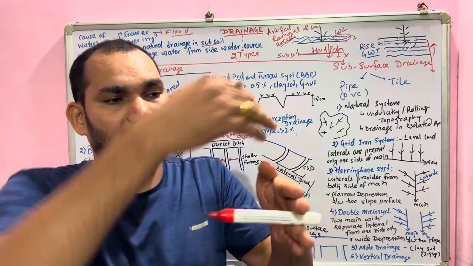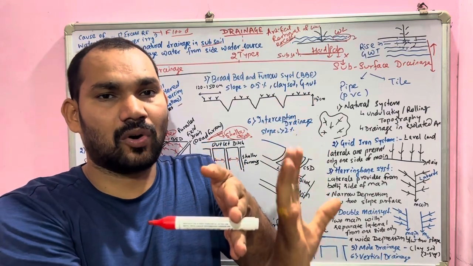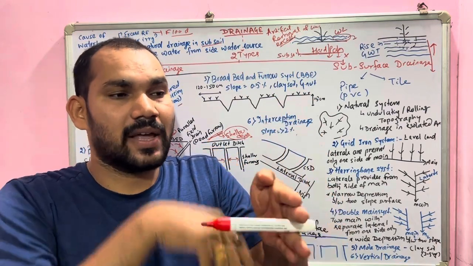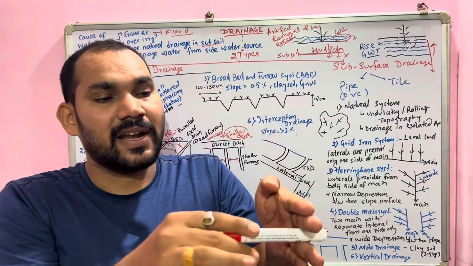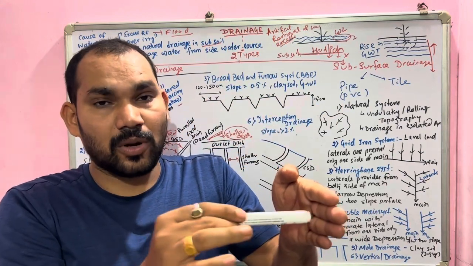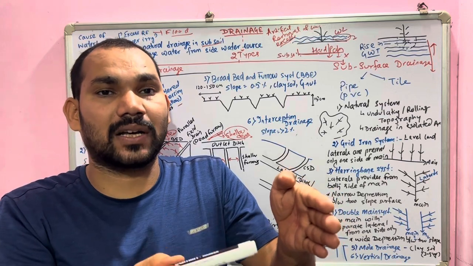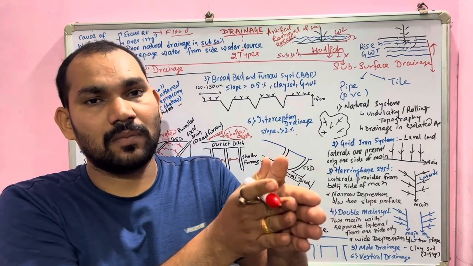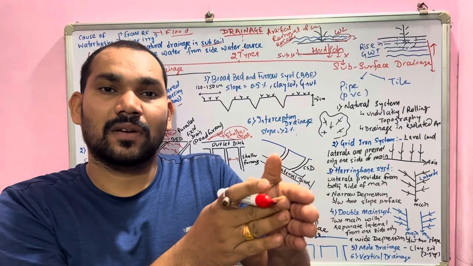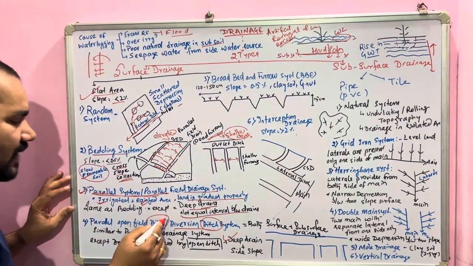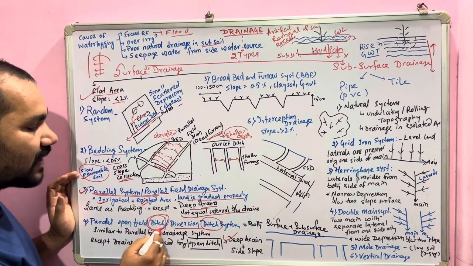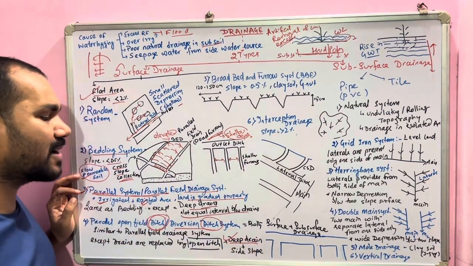In this land area, all the waterlogging condition is there. Excess water will come to the drain, which is called surface drainage, and due to the lateral movement of water, water will also come to the drain by means of seepage from the subsurface layer. So ditch means, always remember, the depth of the drain will be very, very high.